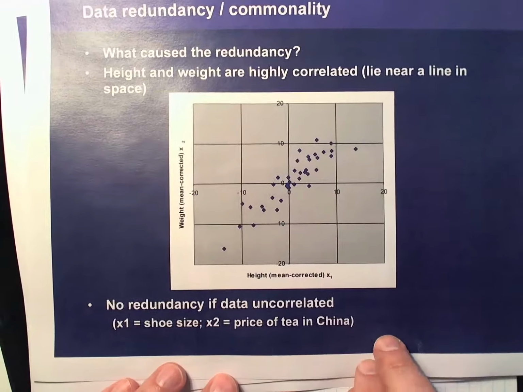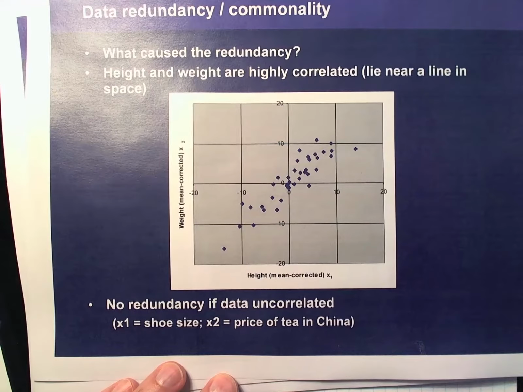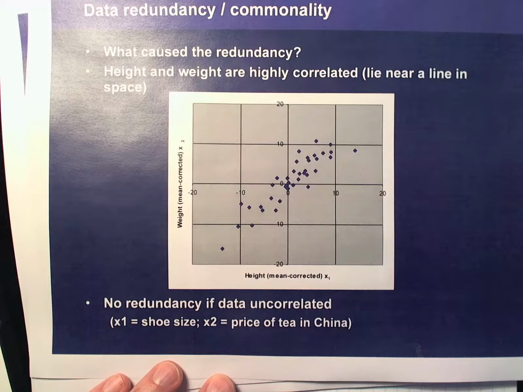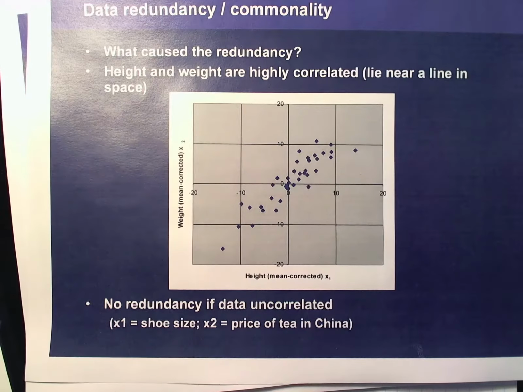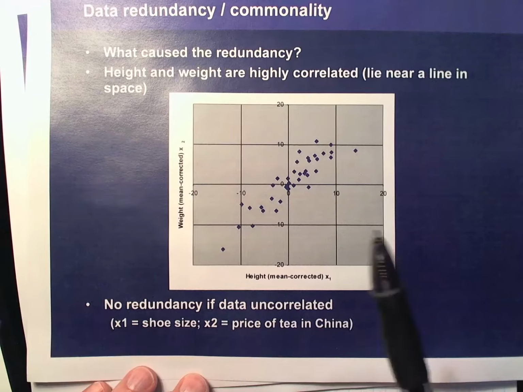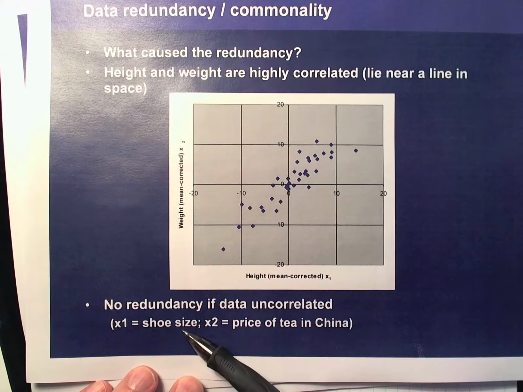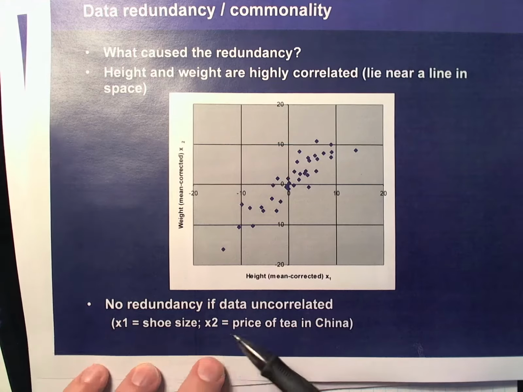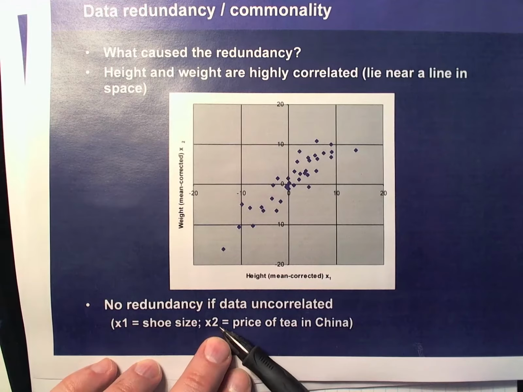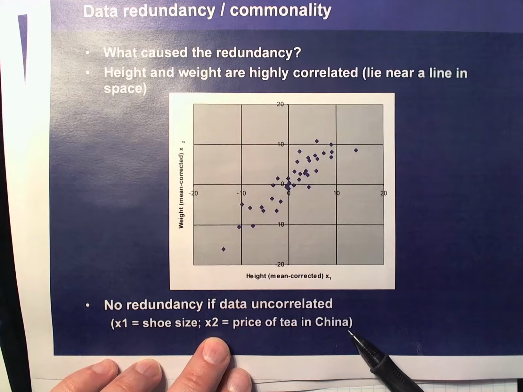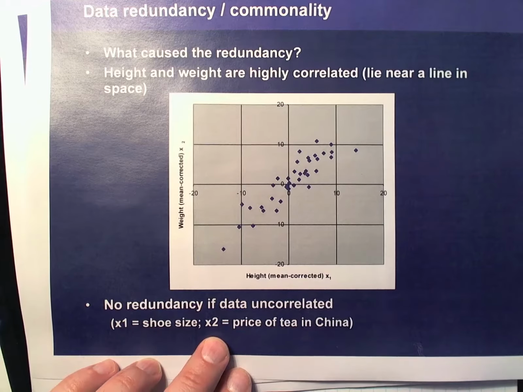Now let's imagine an example of data that are uncorrelated and which would not be compressible. So let's suppose that I choose a random person and ask them their shoe size, and that's one variable. And then the other variable is the price of tea in China in some market on a given day.